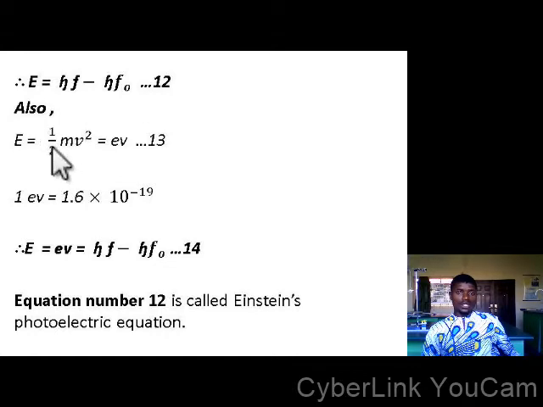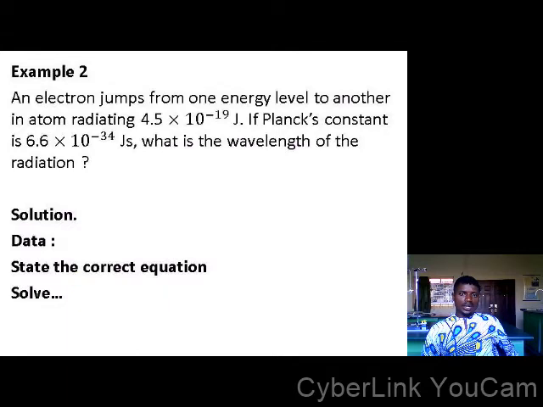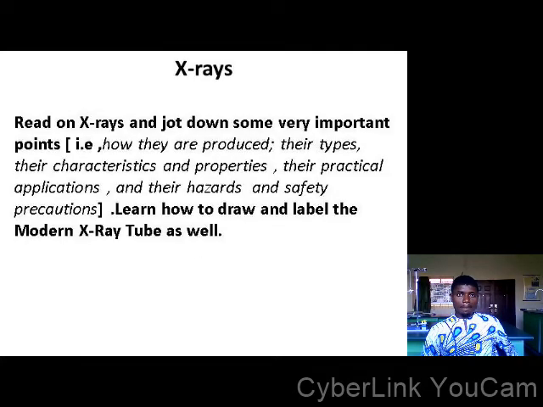This particular equation is what we call Albert Einstein's photoelectric equation. Example number 1: as I promised you earlier, I'm not going to solve any question in today's video. I just want you to go through these questions and solve them.